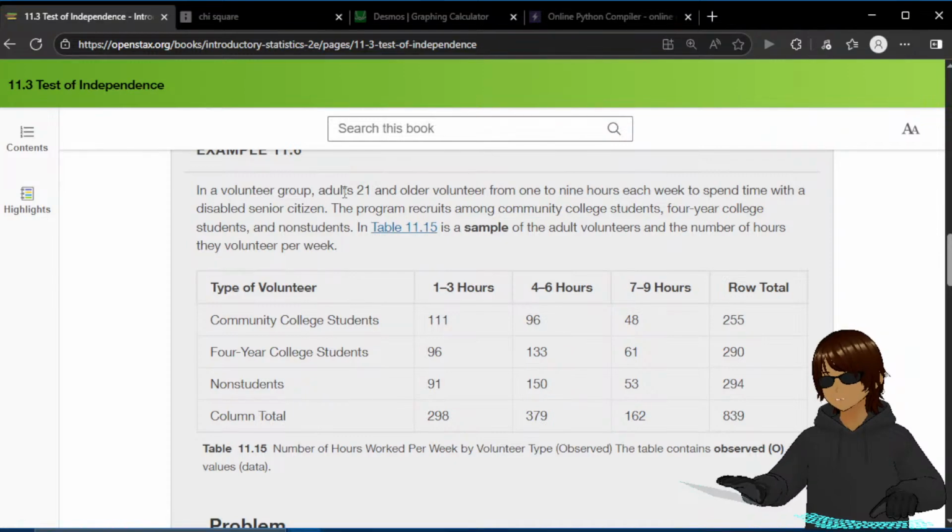In a volunteer group, adults 21 and older volunteer from 1 to 9 hours each week to spend time with a disabled senior citizen. The program recruits among community college students, 4-year college students, and non-students. Table 11.15 is a sample of the adult volunteers and the number of hours they volunteer per week.